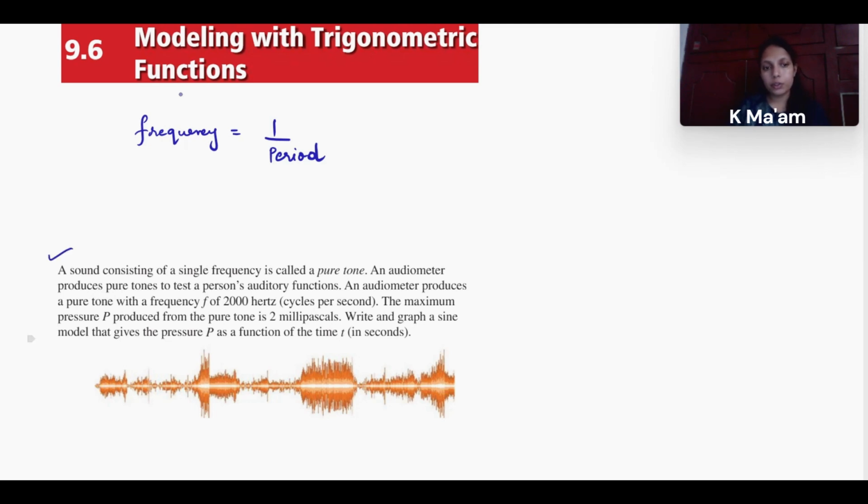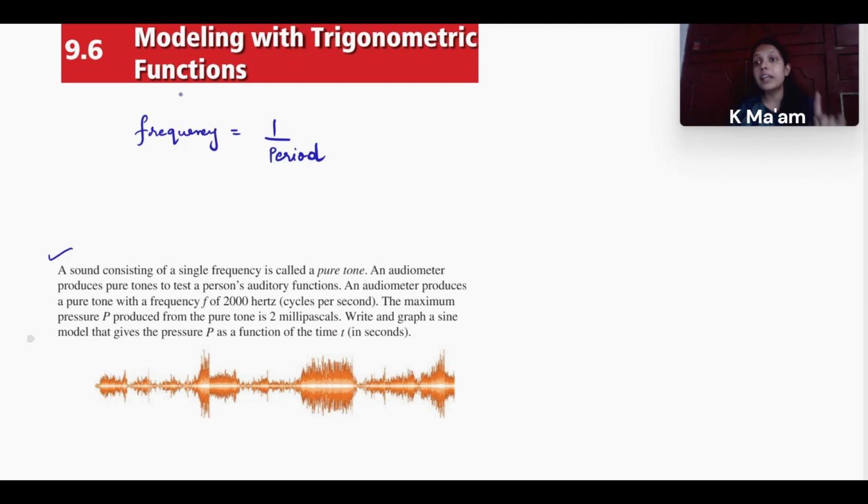So the question is: a sound consisting of a single frequency is called a pure tone, and an audiometer produces a pure tone to test a person's auditory functions. An audiometer produces a pure tone with the frequency f of 2000 hertz, cycles per second.